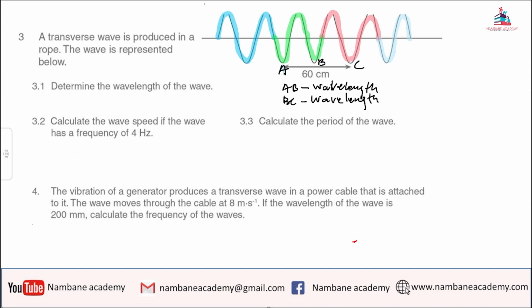So this basically says here I must have 30 centimeters and here I must have now 30 centimeters. So that is now me understanding the wavelength. So the wavelength is 2 successive points, not 3. So we did not apply the concept of the definition of what is a wave.